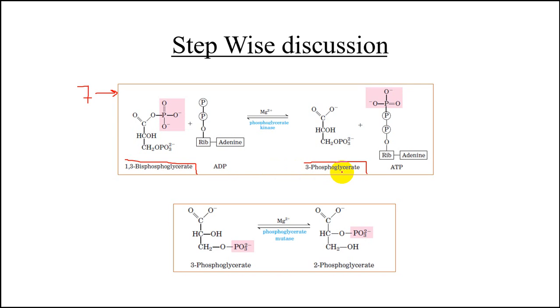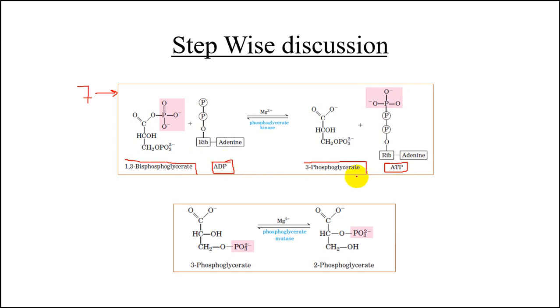A loss of phosphate group occurs here. The phosphate group transfers to a molecule of ADP, yielding the first molecule of ATP. So ATP here is obtained.